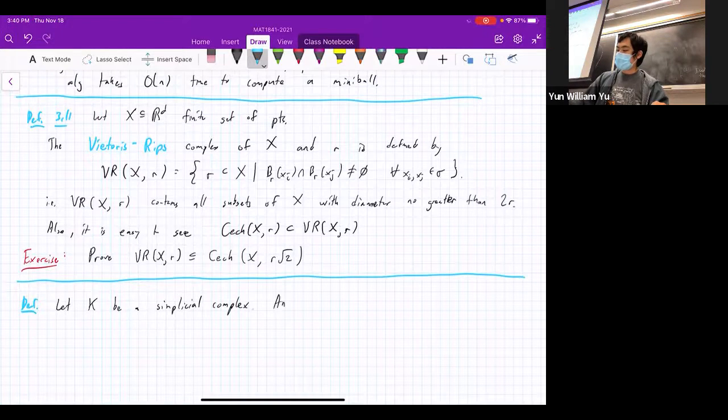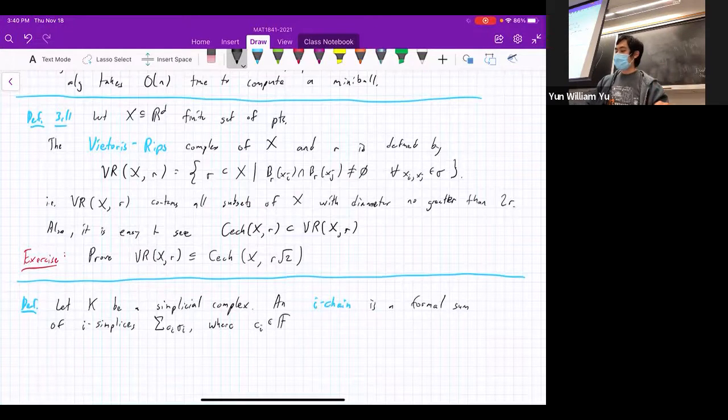Then an i-chain is a formal sum of i-simplices, the sum of c_i sigma_i, where the c_i's are in some field.